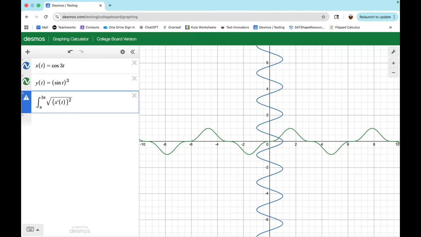And then I'm going to do plus, then parentheses, y prime of t, and I'm going to square that. And then I'm going to do dt. It looks like that is not working.